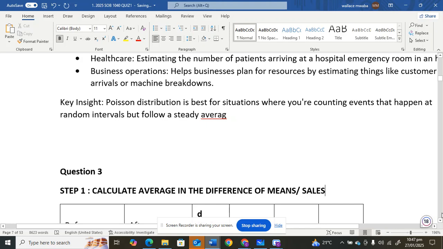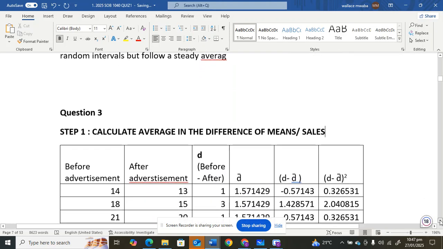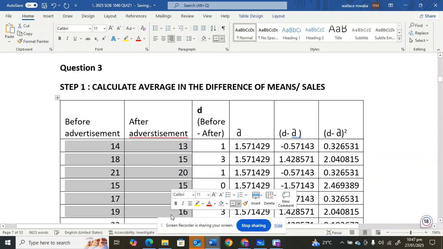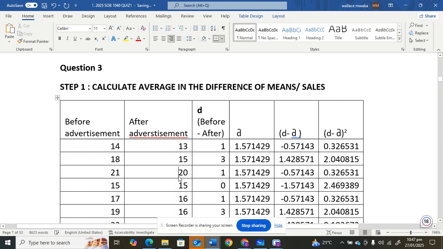Sometimes these can be averages by themselves. So what I'm basically saying is, the sales before the advertisement, you're going to subtract them from the sales after the advertisement. Sales before advertisement, subtract sales after advertisement.